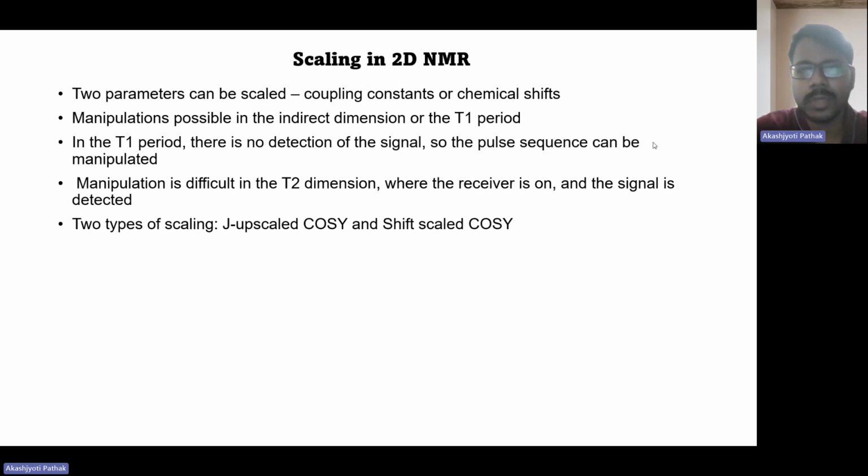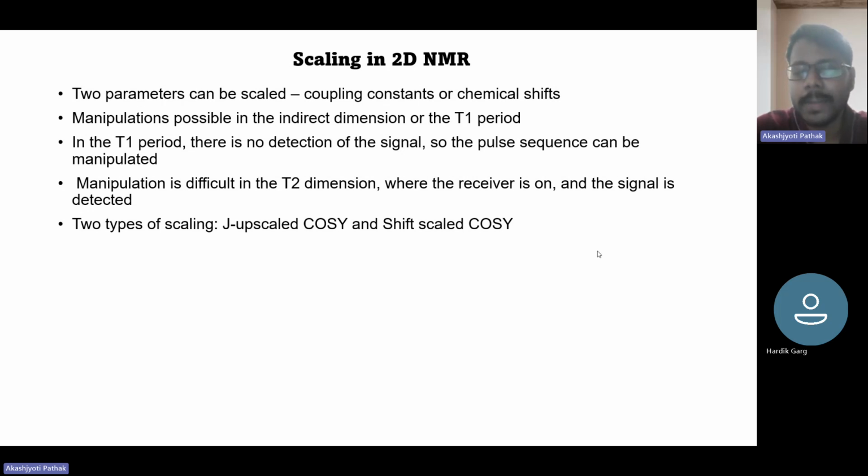I hope the slides are visible. In the last session, we were discussing the two-dimensional correlation spectroscopy experiments, and we had seen that there are two axes, the F1 axis and the F2 axis, and we get two kinds of peaks.